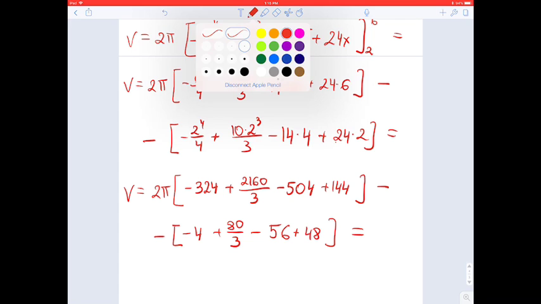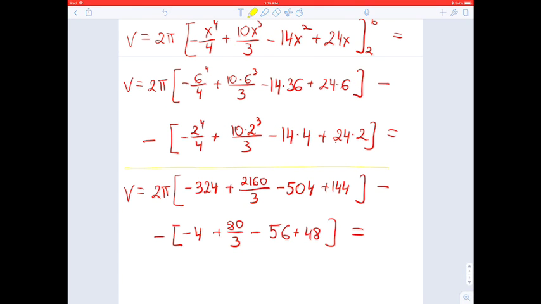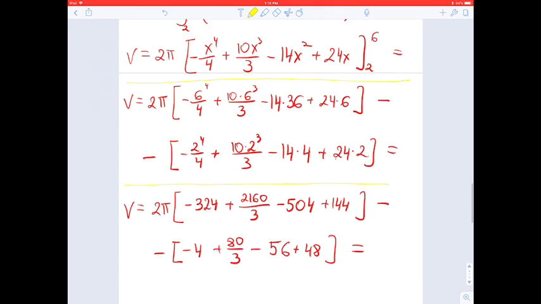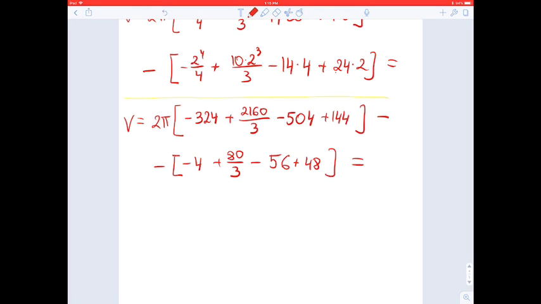Wow. Let me divide, because I am doing this. Okay, let's see. The volume is 2 pi times this. Okay, so now what we have, I can maybe copy one more time, 324. Actually, this number, 2160 over 3, is 720, minus this plus this minus.